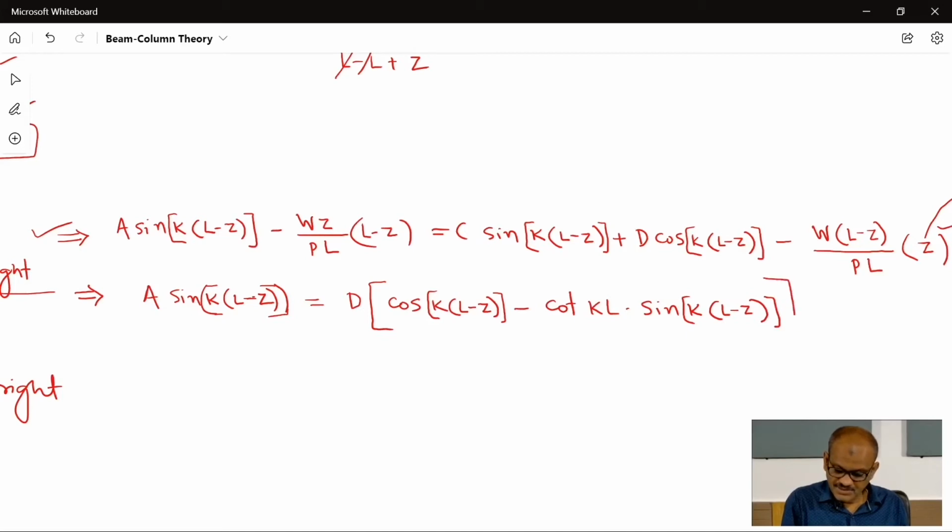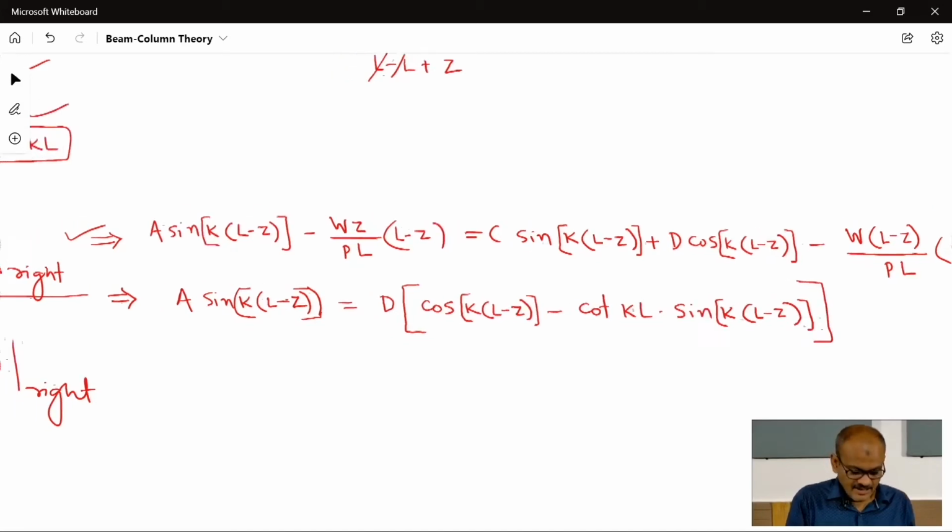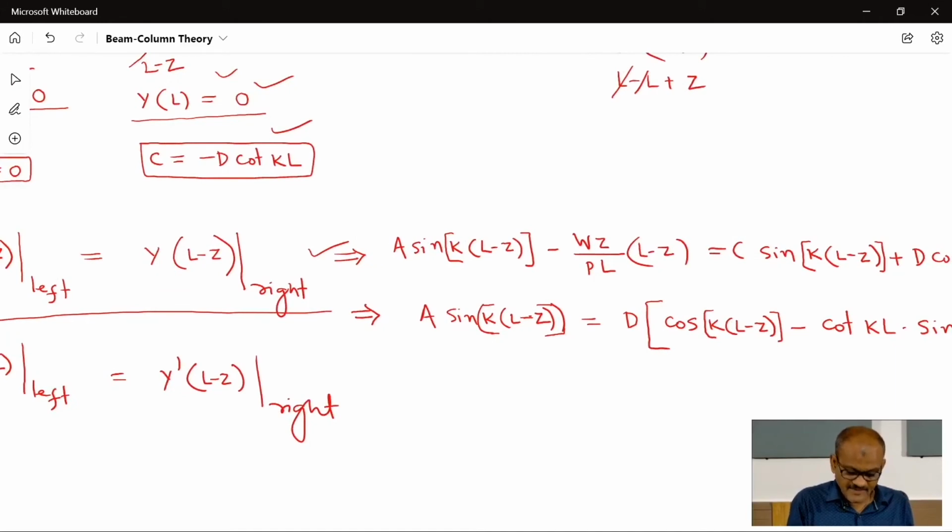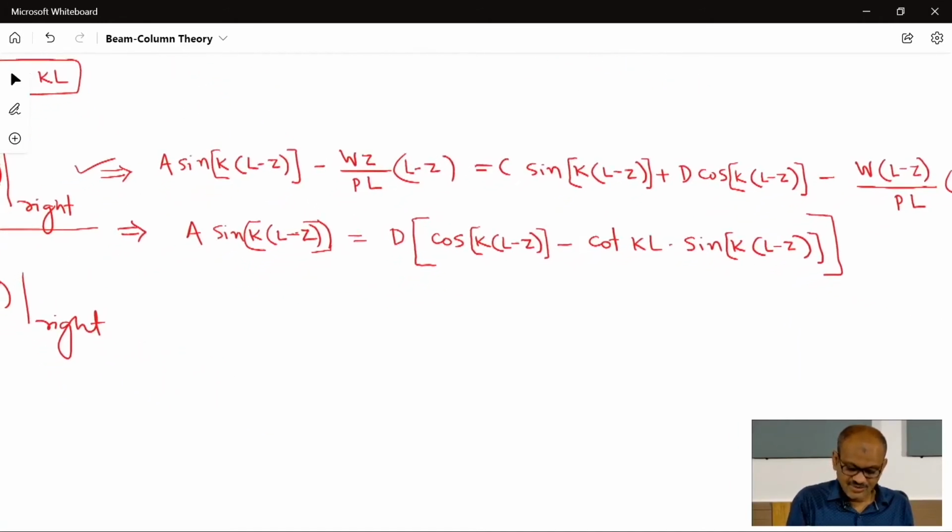We are substituting L minus z in place of x; that exercise we have done.